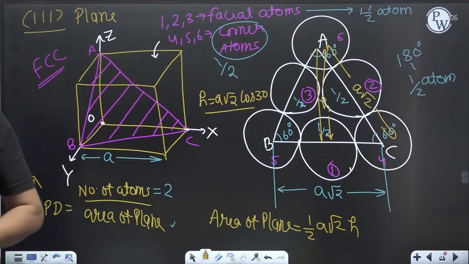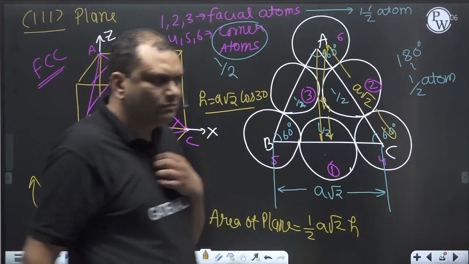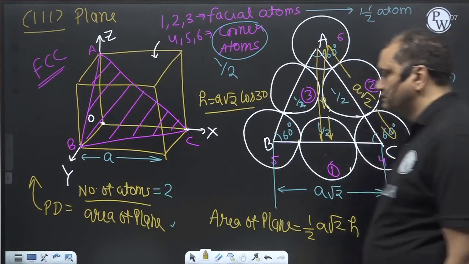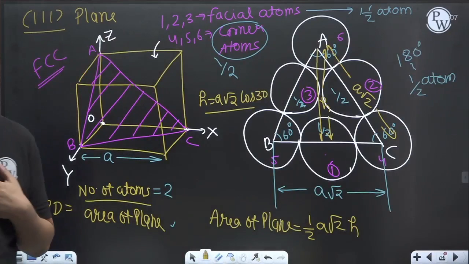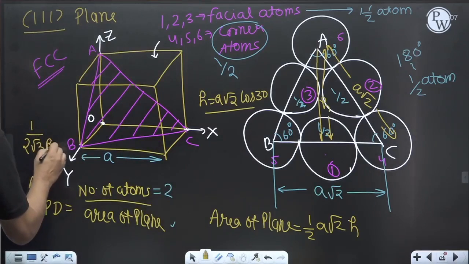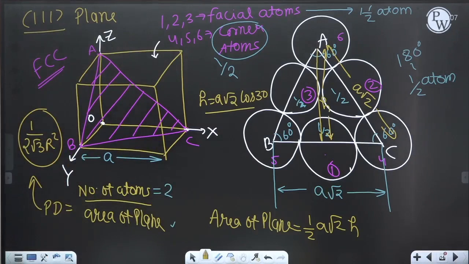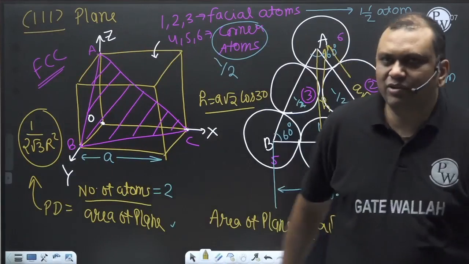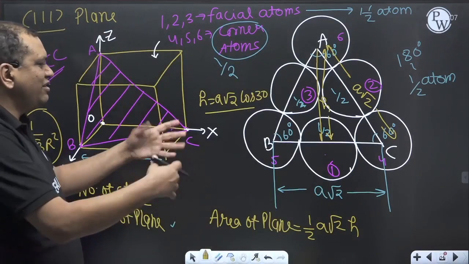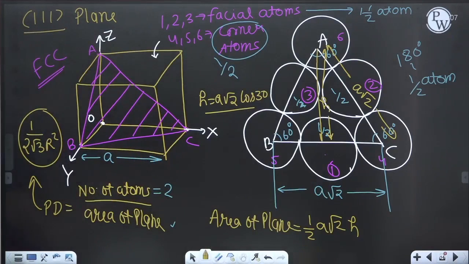I'm trying to duplicate the live thing here. Okay, solve it. You will get 1 by 2 root 3 R square. Anyway, I am also doing calculations, so my answer may be wrong, but whatever calculation you are doing, if the mathematics is correct, the answer should be correct. Quite possible my answer may be wrong, so don't worry, okay?